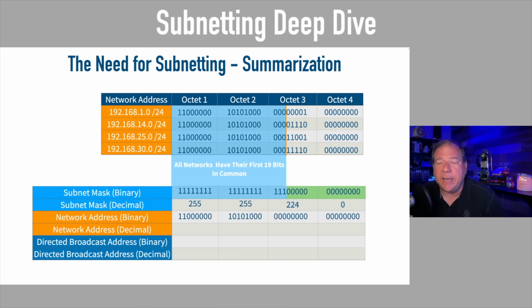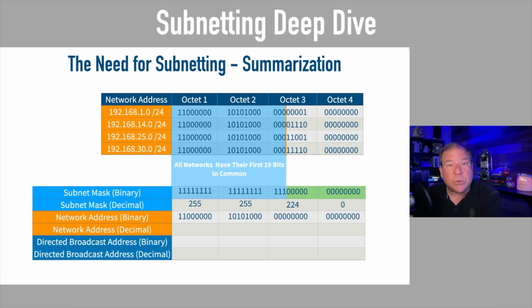And in this case, for your notes, the network address is where we set all of the host bits to zeros. So I'm going to bring down all these bits that we have in common. We've got 19 network bits. That means we have 13 host bits.